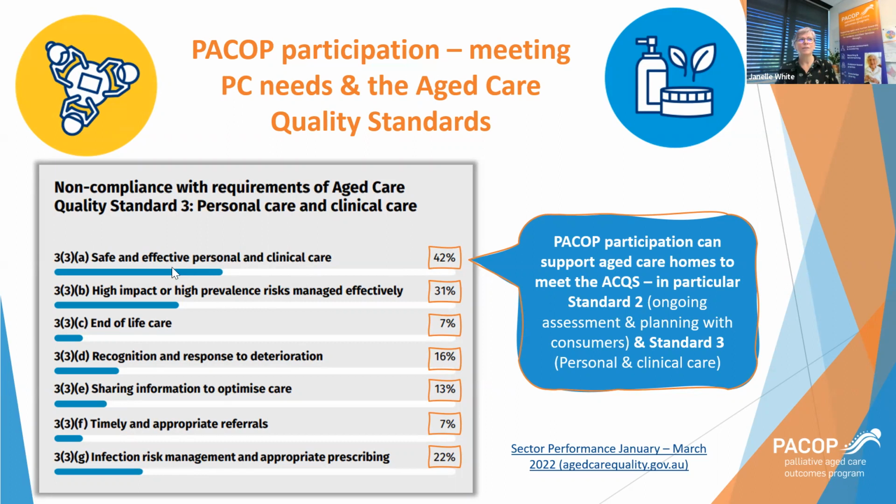And this latest report showed there was a high level of non-compliance with safe and effective clinical care. The outcomes will cover end-of-life care, recognition of deterioration is covered in both outcomes and profile, and so timely and appropriate referrals are covered there as well. So I think it's a really timely point to make that just participating in PACOP is helping to address and meet those needs.